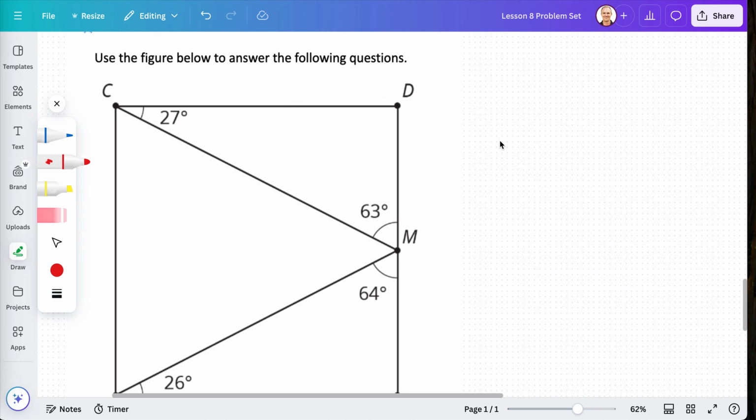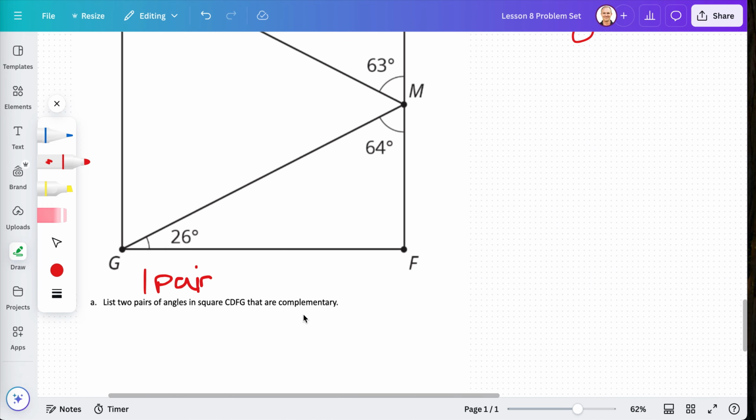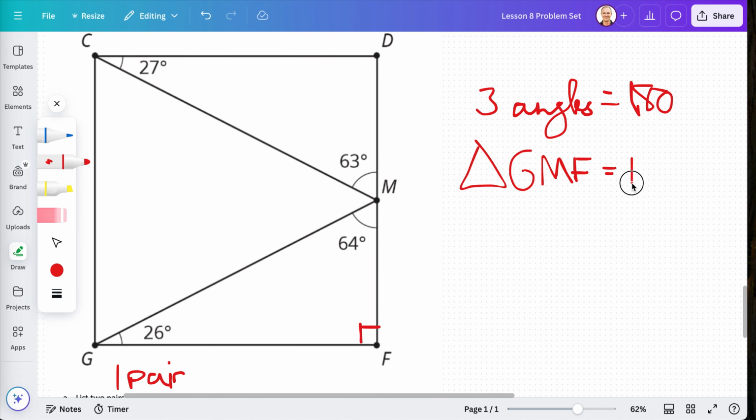I know that 3 angles in a triangle equal 180 degrees. And I know this is a square, so this should be a right angle. So I know that triangle GMF is going to equal 180 degrees.